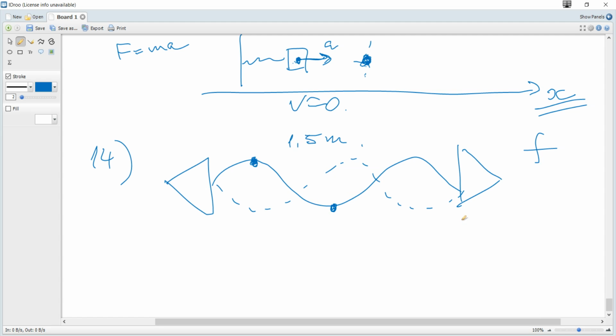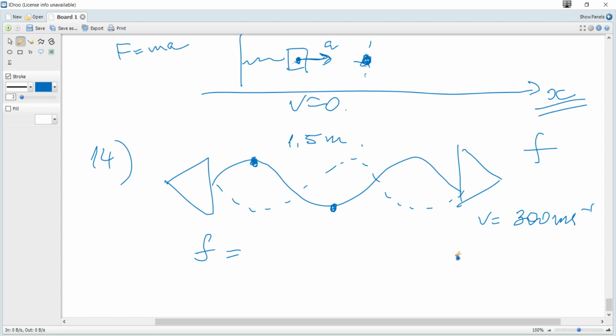The speed is 300 meters per second. And what we need is the frequency, using the formula which is given in the data booklet.